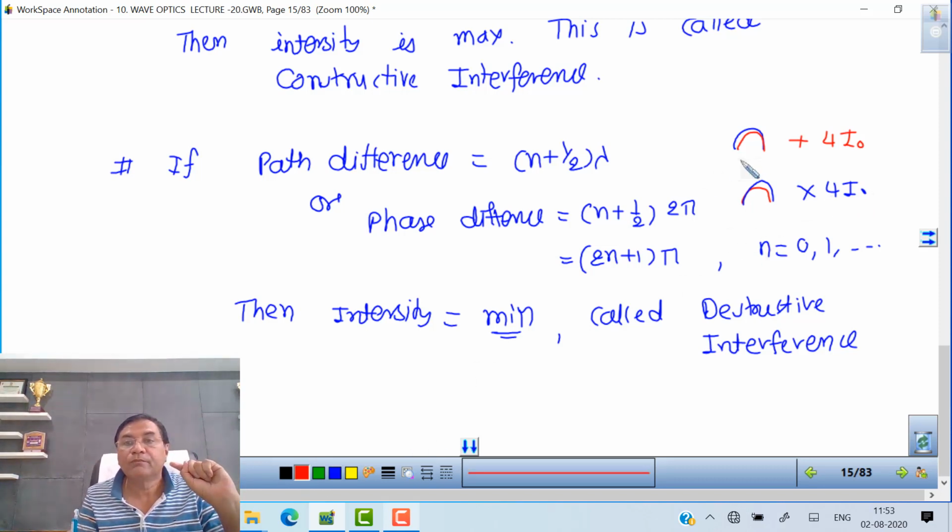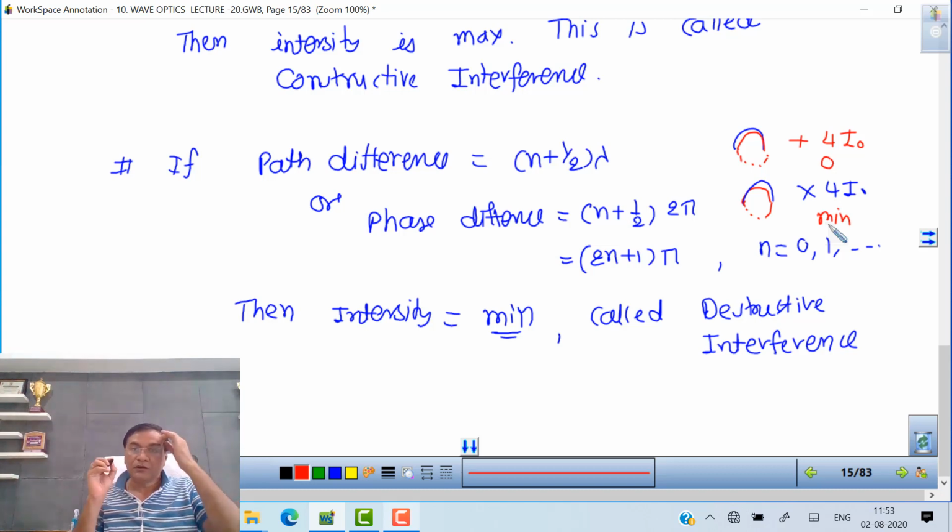If it is down, then we can say it is 0. And if it is down here, then it is 1, corresponding to 1. So it is not 0, but it is minimum. So be careful. We don't use the word 4 times always. We say maximum. And when it is destructive, it is minimum.